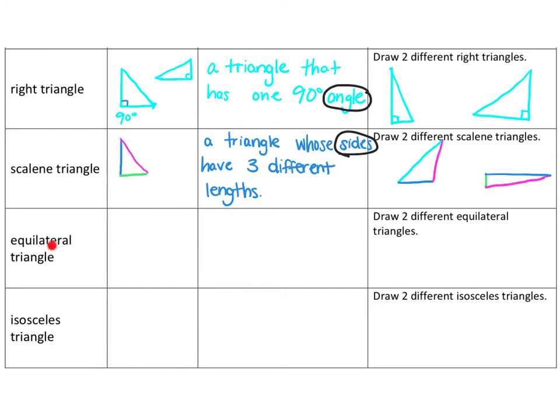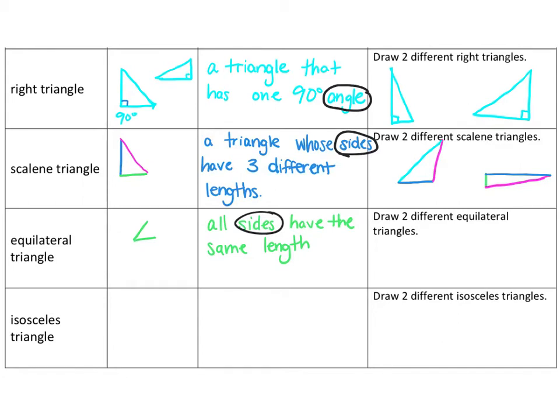Okay, now let's do an equilateral triangle. An equilateral triangle means that all sides have the same length. The sides are what matter here. So here I'm going to draw all of them having the exact same length.